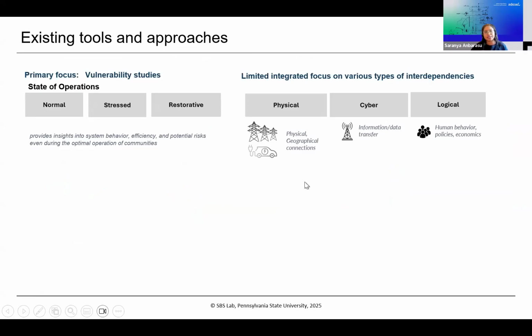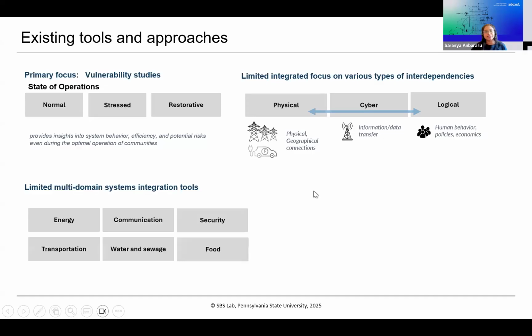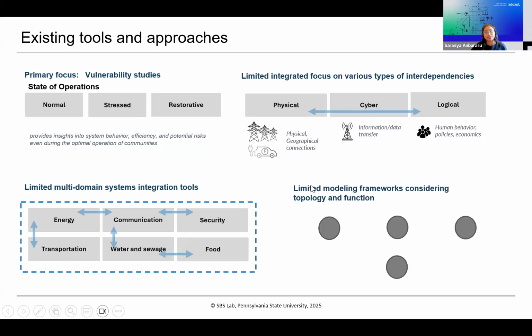And most of these earlier studies focus on either physical connections, or physical and cyber, but not many focus on all three types of interdependencies. And also there's limited integration for multi-domain systems, where only two or three systems are coupled, but not multiple systems integrated together. And also, as I said, there's limited research beyond topology, not just nodes and links. We have to focus more beyond that.